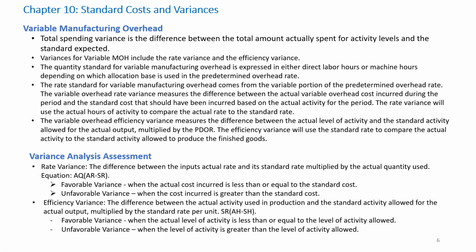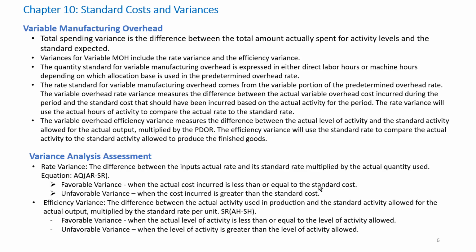The rate variance will use the actual hours of activity to compare the actual rate to the standard rate. The efficiency variance will use the standard rate to compare the actual activity to the standard activity allowed to produce the finished products. Just as described for direct labor, a favorable manufacturing overhead rate variance exists when the actual rate is less than or equal to the standard rate.